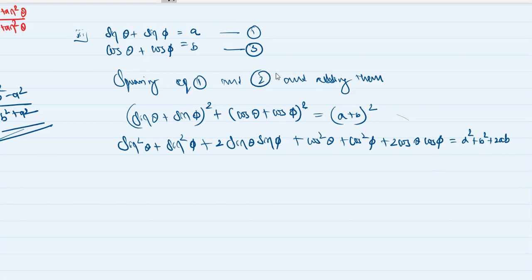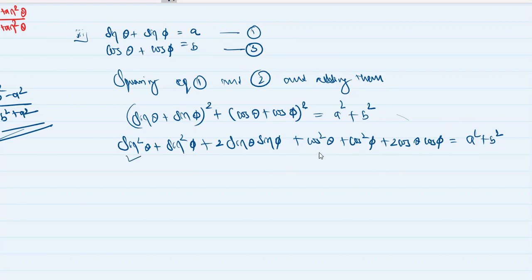I'm sorry, one mistake I made. So we are squaring and adding. We are not adding and squaring. So here it will be a square plus b square, not a plus b the whole square, because first we are squaring both the terms and then we are adding them.